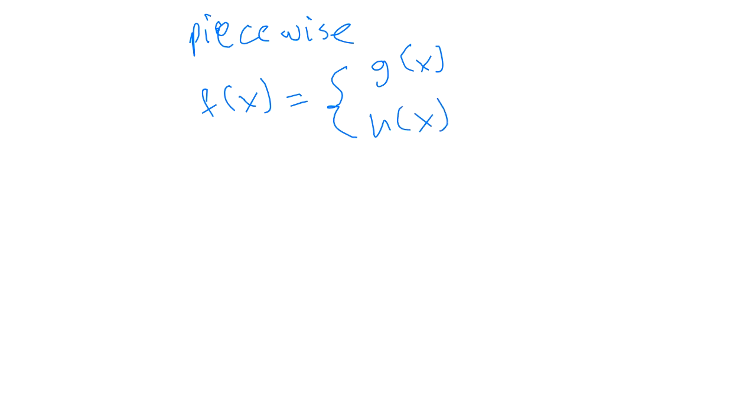Let's say in this example, for g of x our domain is all x's greater than 0, but then we need to define the rest of it. So this could be for all x's less than or equal to 0. That's a quick review of piecewise, just putting different pieces together.